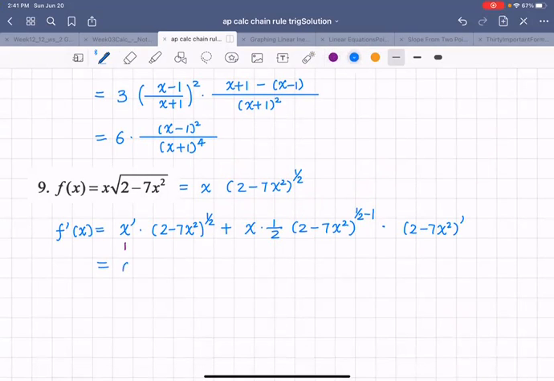So this is plus, this is 1/2 x times 2 minus 7x squared to the power negative 1/2. How much is this?